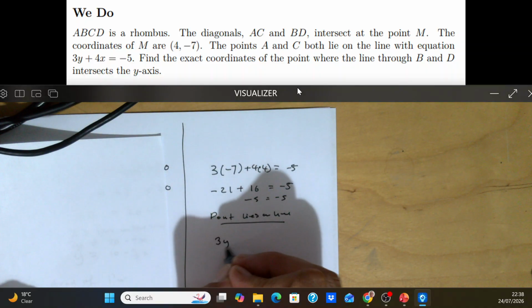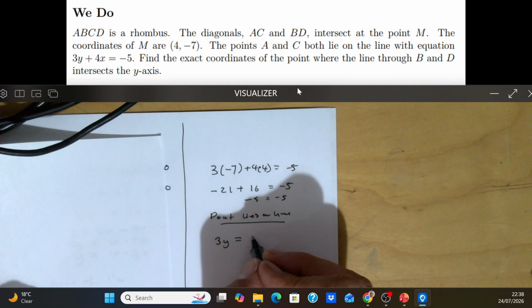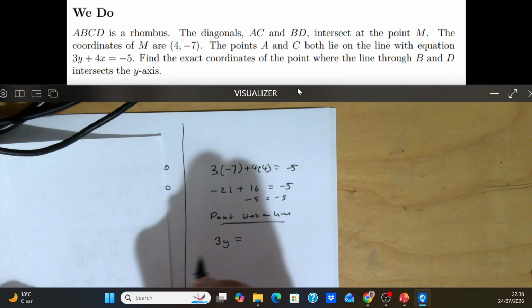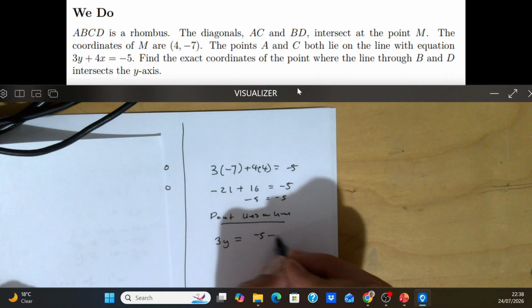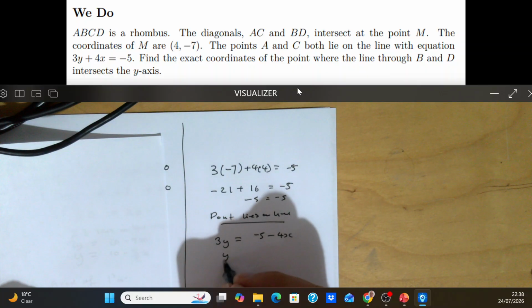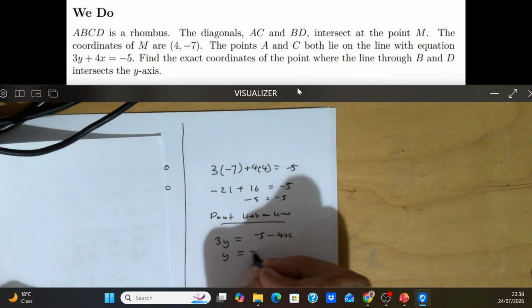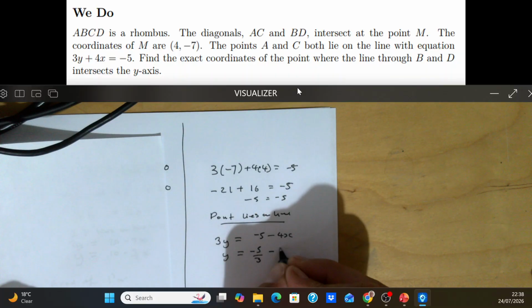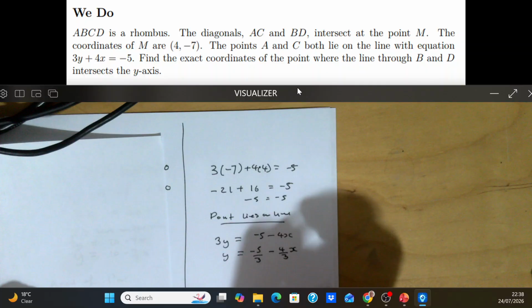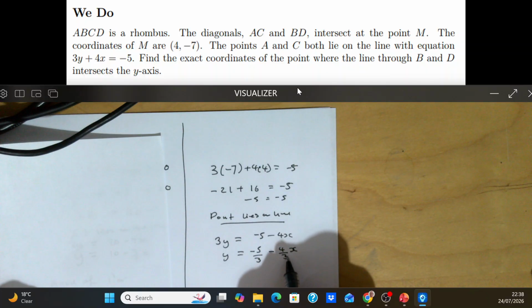Right, what's the gradient of that line? So 3y equals what? So y equals, correct. What's the gradient of this line?